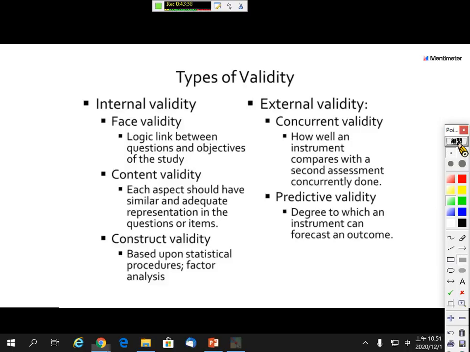Internal validity is very important, because this is something we really have very tight control over. We can make sure about the internal validity. Internal validity starts with construct, then content, and then face. Okay, I will give you some idea.